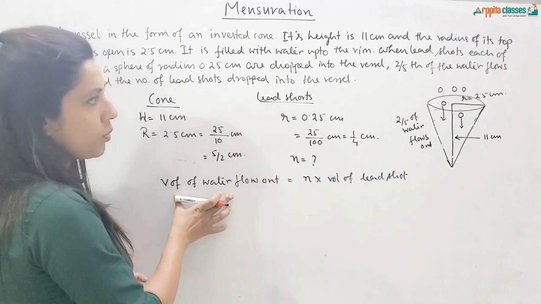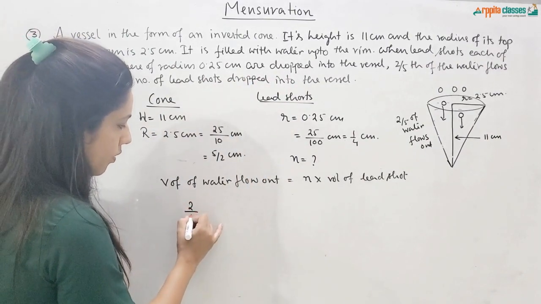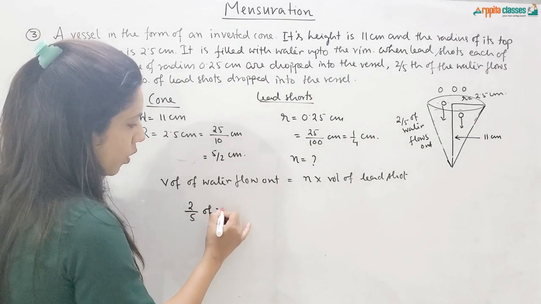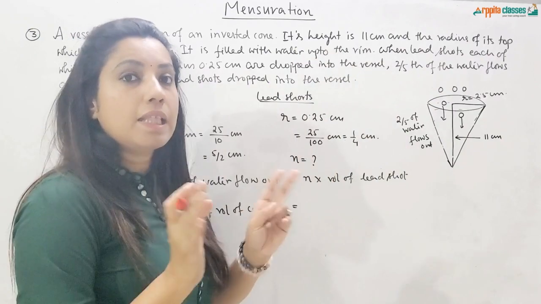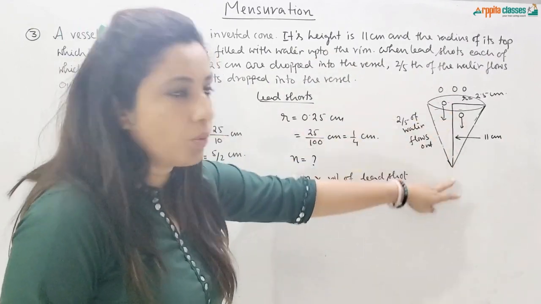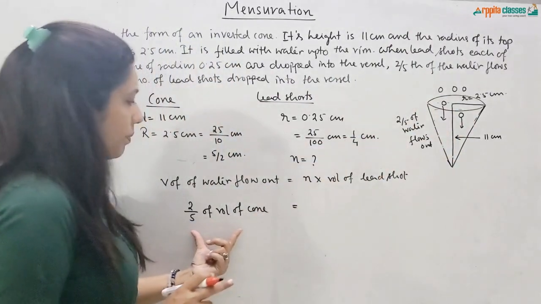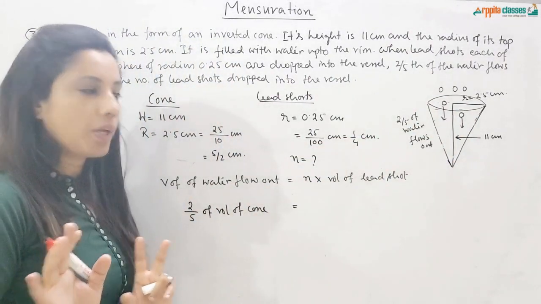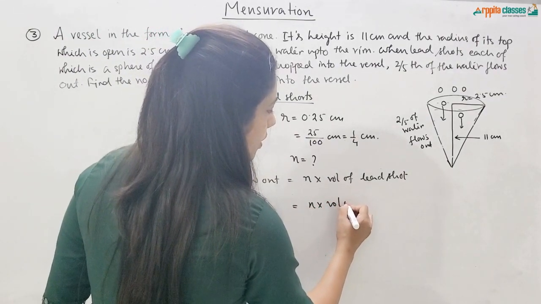And how much water is flowing out? 2/5 of the water flows out. That is 2/5 of volume of cone, because the water was filled till the rim. So whatever was the volume of the cone, that was the total volume of the water initially, and now 2/5 of that volume of water flowing out is equal to n into volume of lead shot.